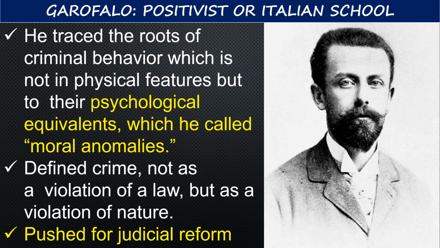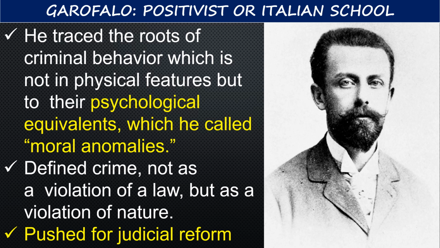On the other hand, Garofalo traced the roots of criminal behavior, which is not physical, unlike Lombroso, who claimed that it was physical or biological in nature. However, Garofalo, although he was a student of Lombroso as far as scientific consideration is concerned, focused on the psychological equivalence, which he called moral anomalies.